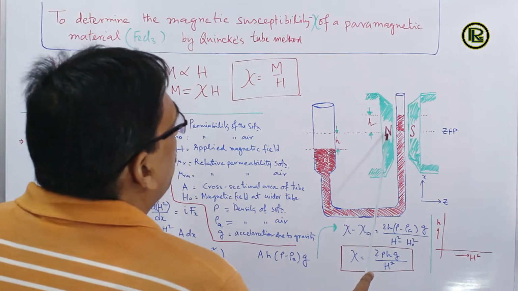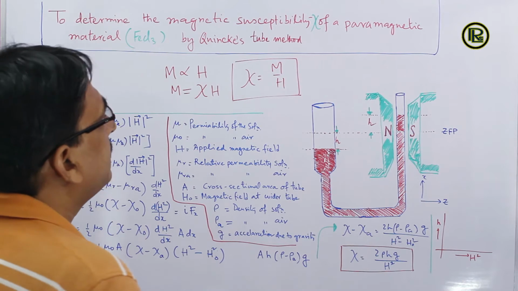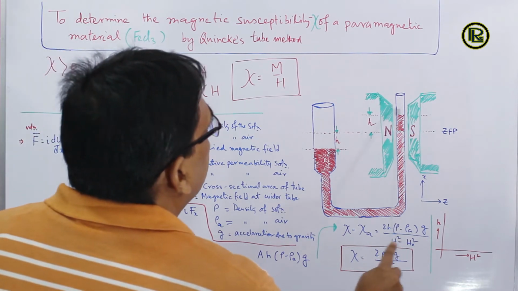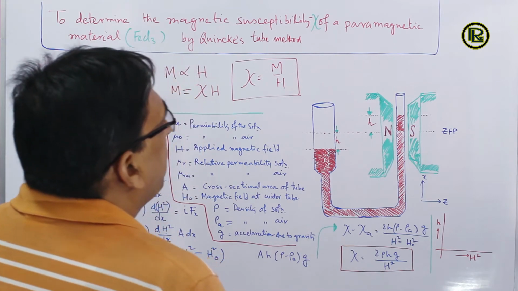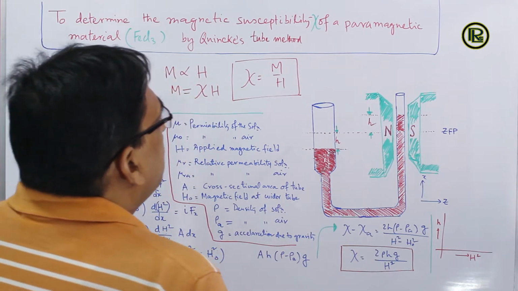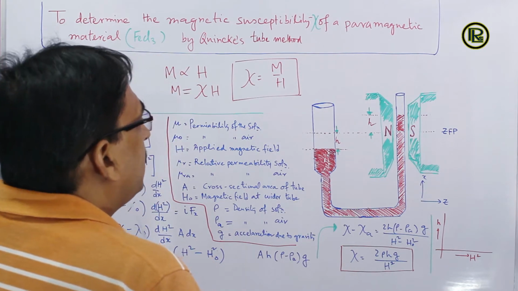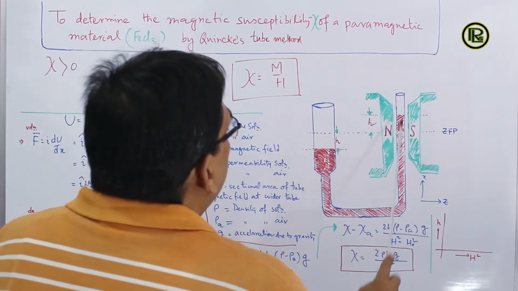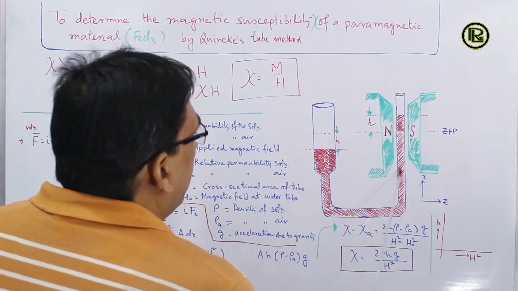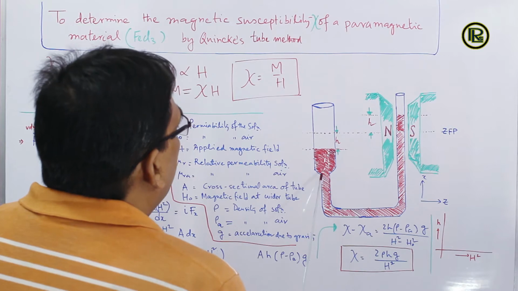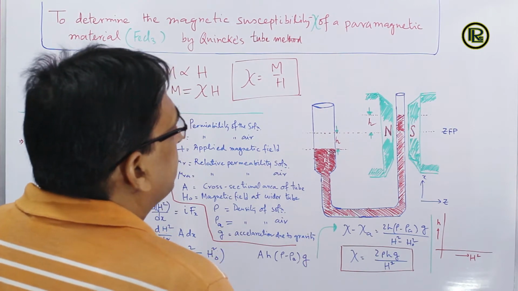We have two pole pieces, the north pole and south pole of an electromagnet. A uniform magnetic field is produced between the two pole pieces, and we have a glass tube having two different diameters. This part is a narrow tube, whereas this part is wider in diameter.